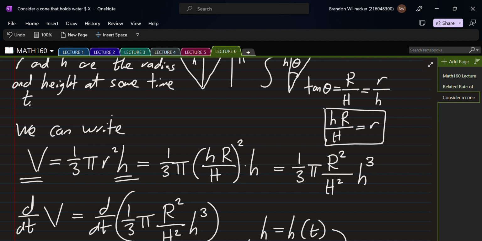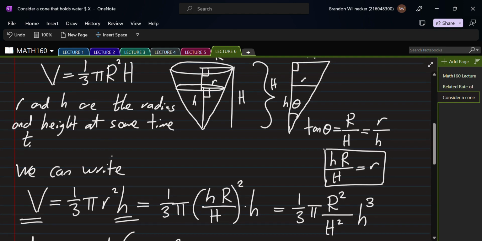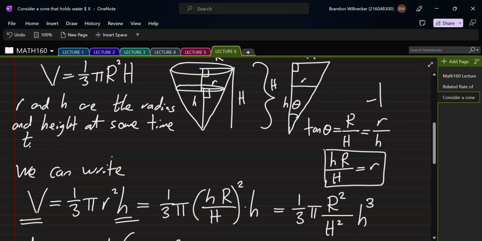So if V and H are related by this equation, what about dV by dt and dH by dt? How are those related to each other? Sometimes we have to do a little bit of extra working on the side, but that's not so bad. We'll see what to do in those cases with the other problems.